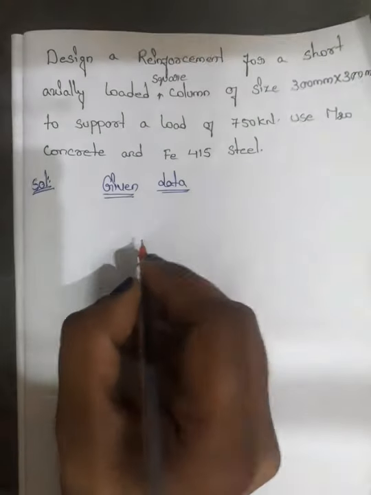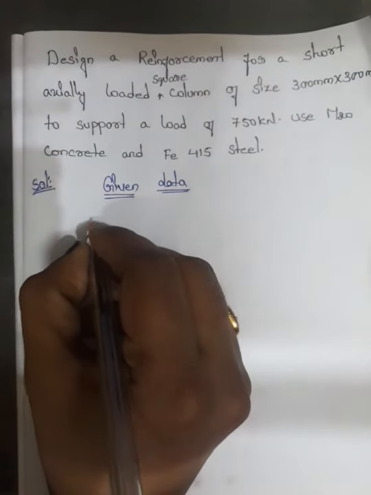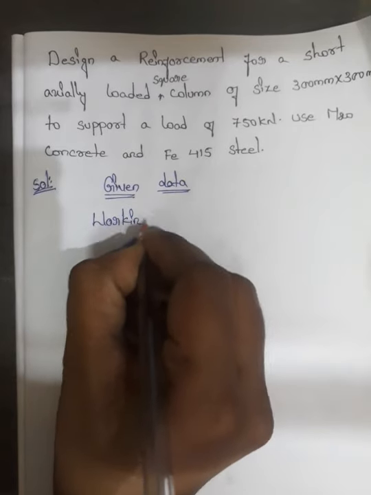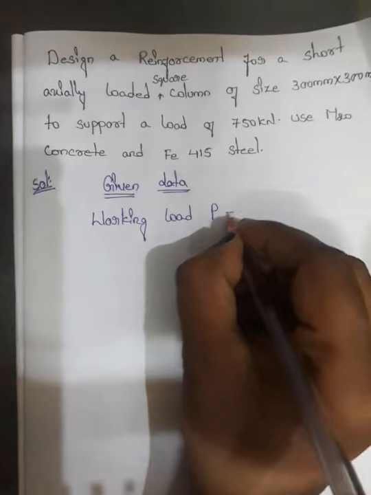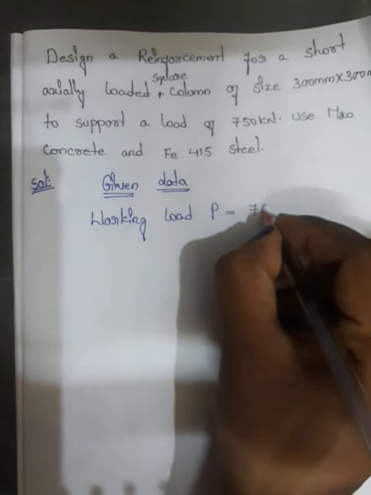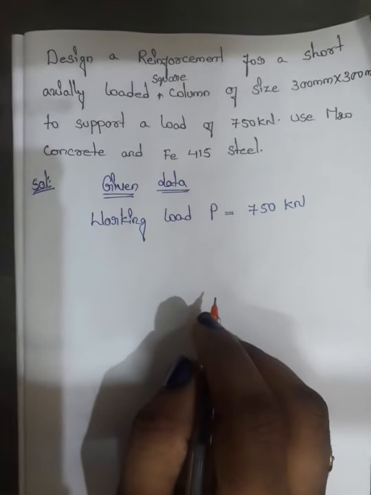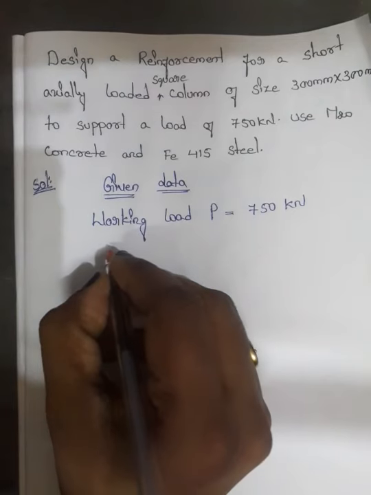So in the question it is given that the load, that is 750 kilonewton. So working load he has given. So working load P is equals to 750 kilonewton, and a square column, so that is the size of the column.